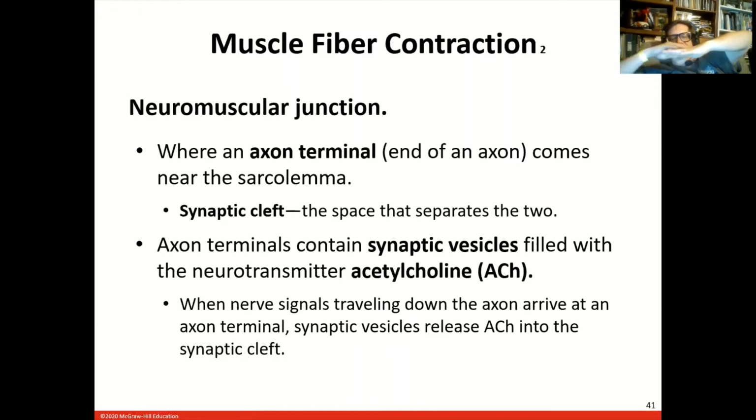This end, this disc that's super close to the muscle, is going to have in it a bunch of little vesicles full of a neurotransmitter called acetylcholine. So when a signal comes down the nerve axon to a terminal, it's going to cause little sacs, little vesicles, to fuse with the plasma membrane and dump acetylcholine into the space, the cleft, which is the space between the nerve and the skeletal muscle.